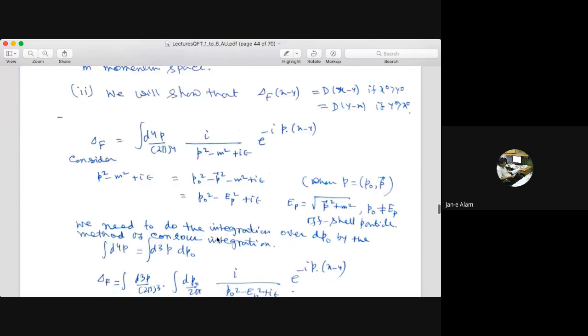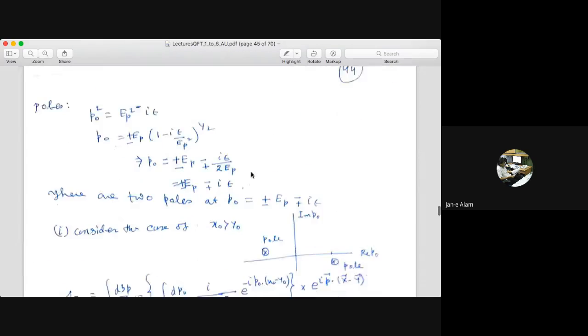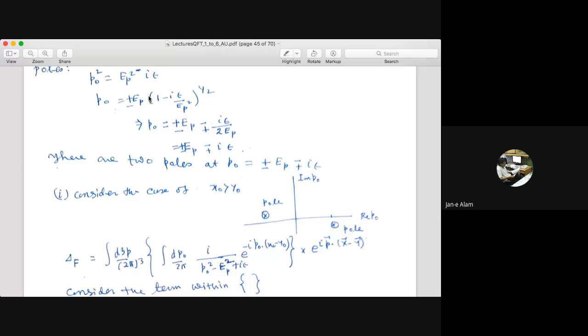Now, in this integral, I have two poles: one at p0 equal to plus Ep, and the other at minus Ep. But this i epsilon will shift the poles just above and below the real axis. That is what I have shown you very clearly, that the pole is at p0 square equal to Ep square minus i epsilon.